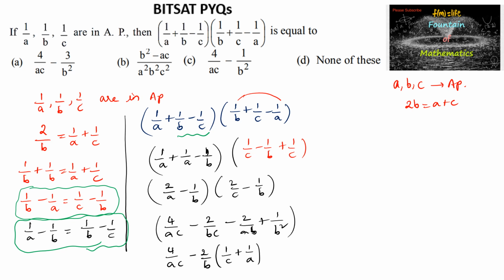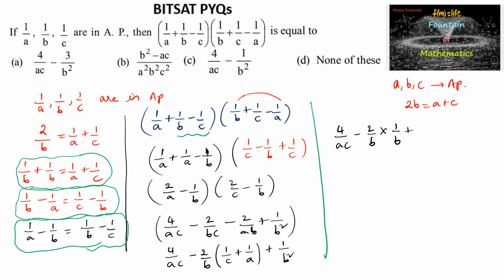From the first case, 1/c + 1/a we can write as 2/b. So we may write 4/ac − 2/b × (1/b), and the remaining case is plus 1/b². So 4/ac − 2/b² + 1/b².